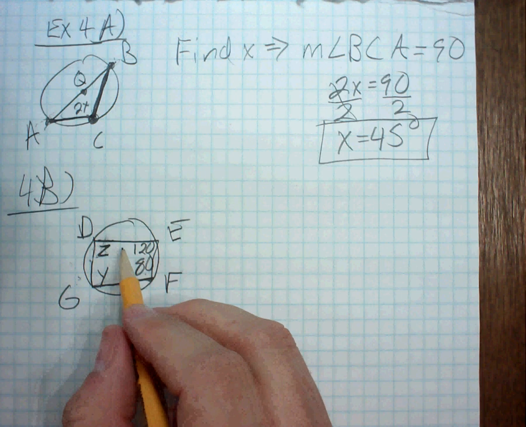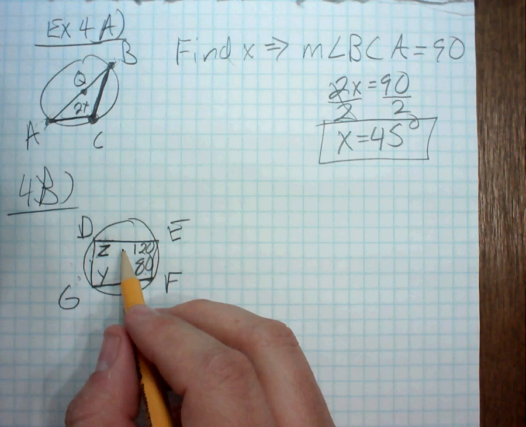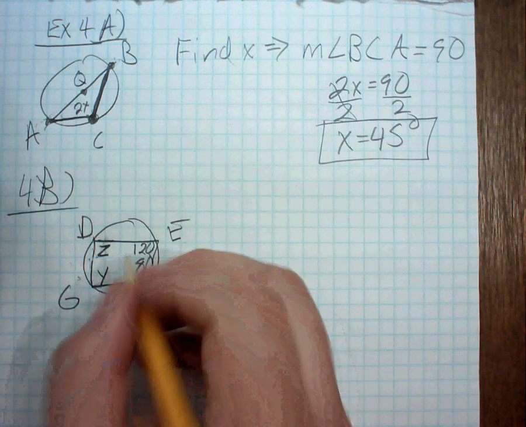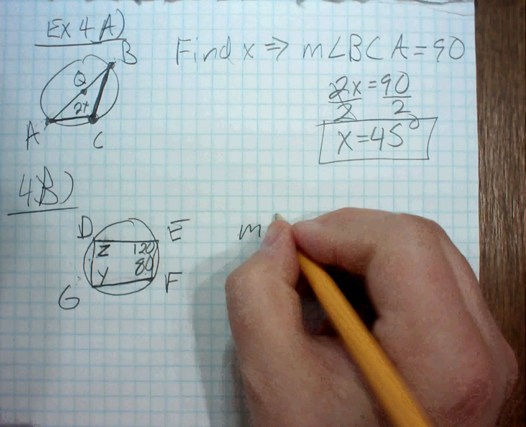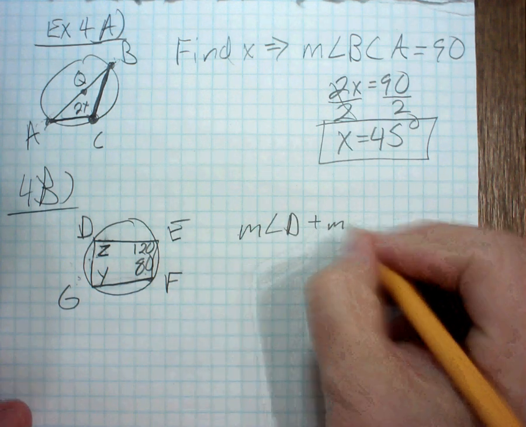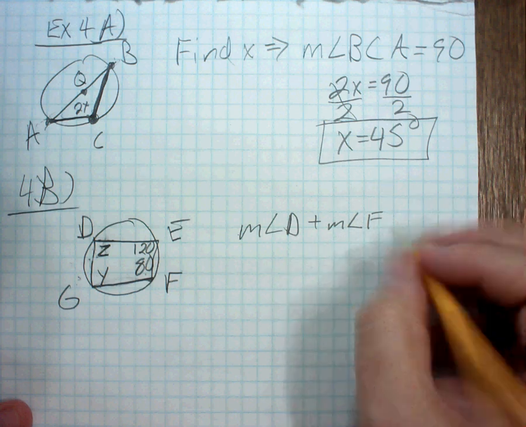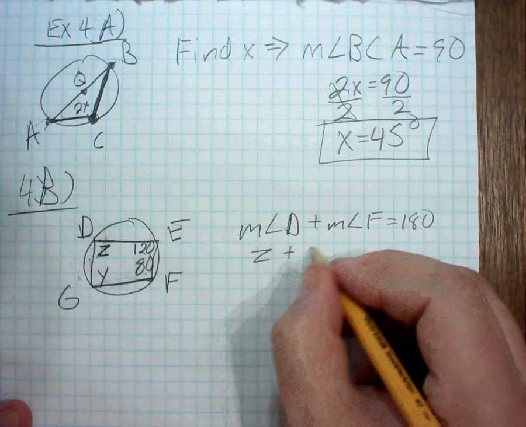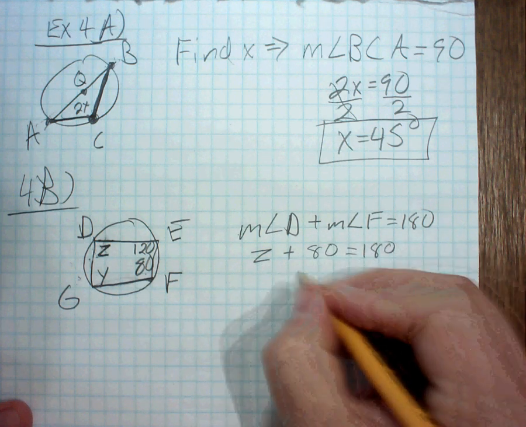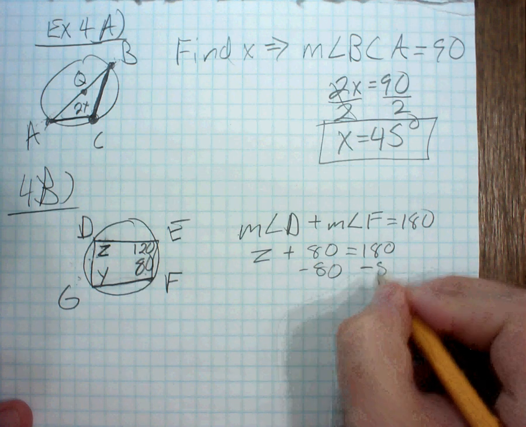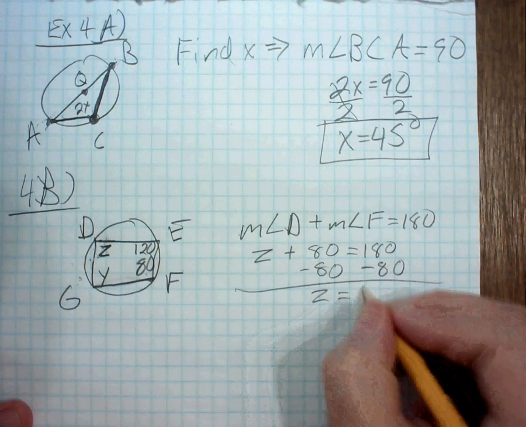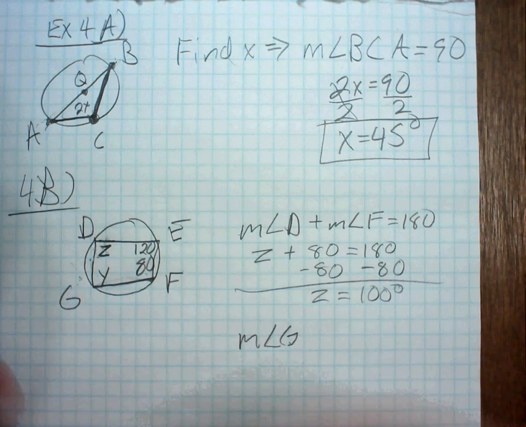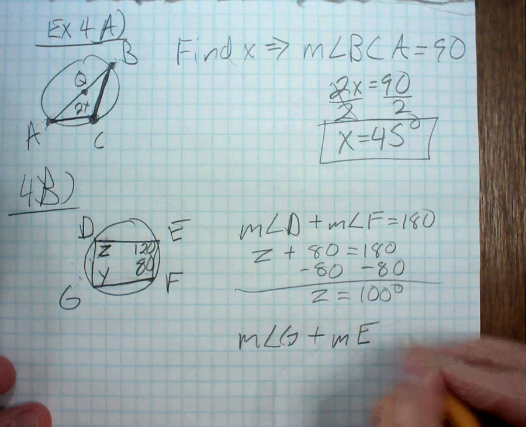So then, these have to add up to 180. So D and F, so the measure of angle D plus the measure of angle F have to add up to 180. This is Z plus 80 equals 180. Subtract 80 from both sides. I get Z equals 100 degrees. Measure G plus measure E has to add up to 180.